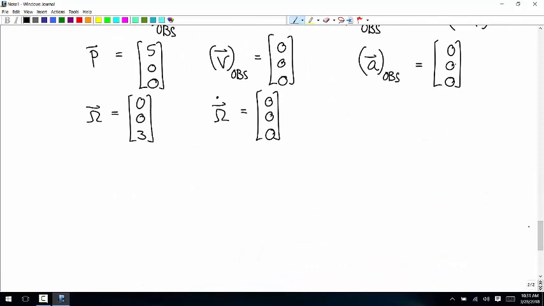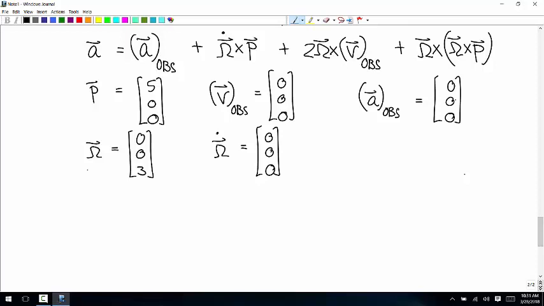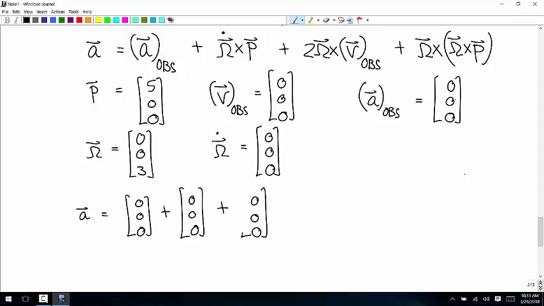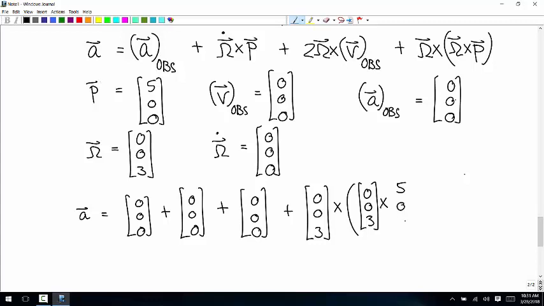Okay, now we have everything, right? So the acceleration is equal to 0, 0, 0 plus 0, 0, 0 plus v observed, which is still 0, plus 0, 0, 3 crossed with the quantity 0, 0, 3 cross, in this coordinate system, oh well, we already did that, position is 5, 0, 0.